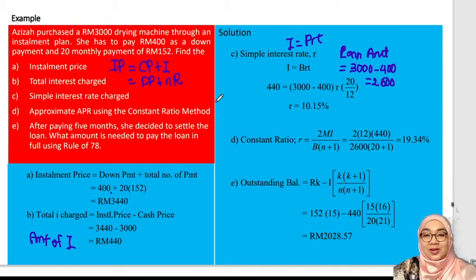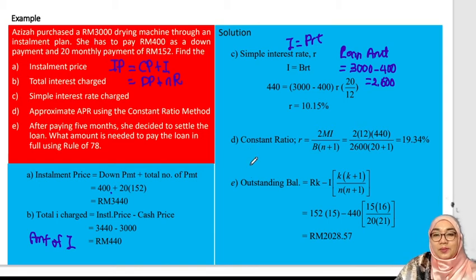So kita masukkan dalam formula rule of 78. Dia guna apa? Outstanding balance equal to R multiply by K. K ni adalah unpaid period. So unpaid period. So kalau saya lukis timeline kat sini, total period dia, debt dia adalah 20 bulan. So lepas 5 bulan, dia dah bayar 5 kali kan.